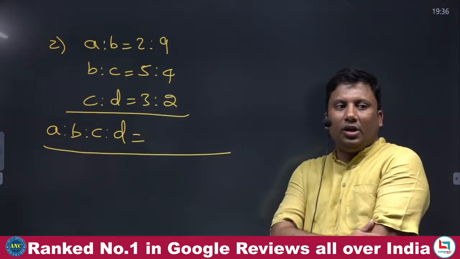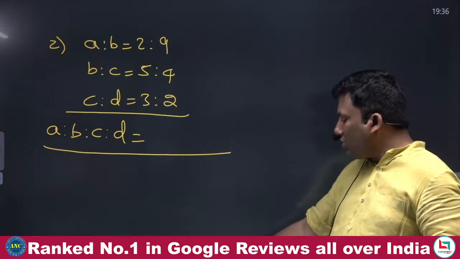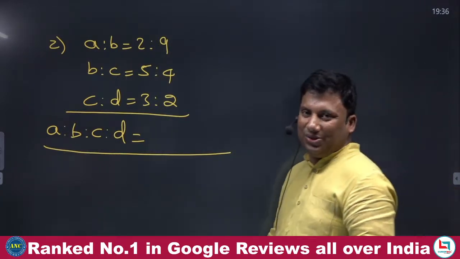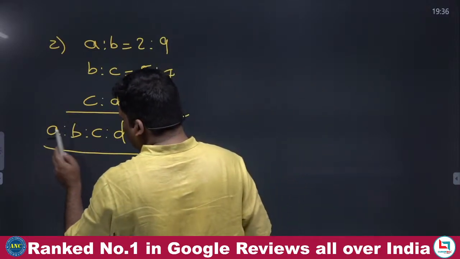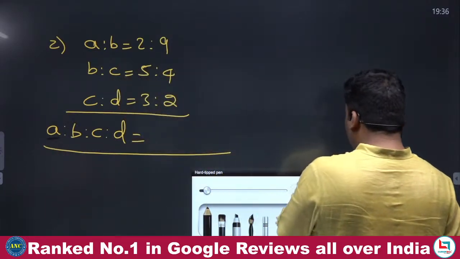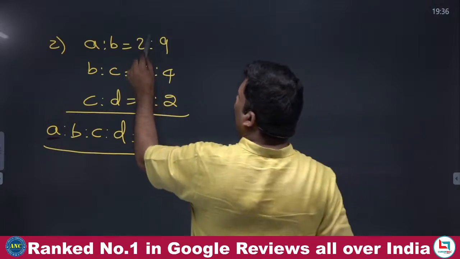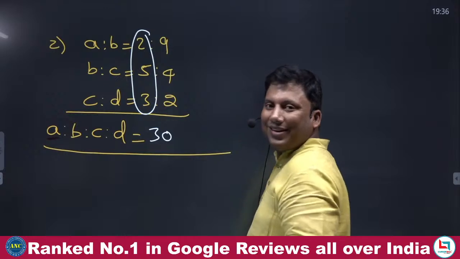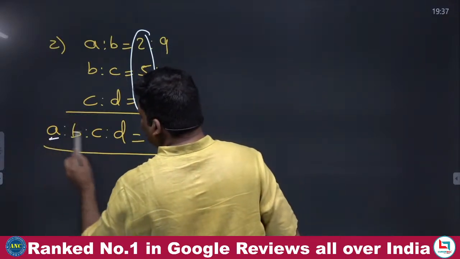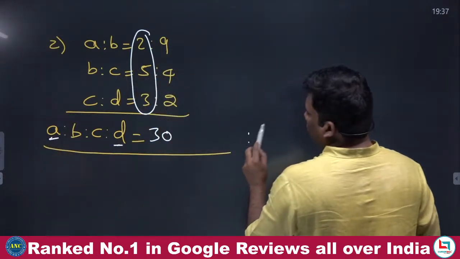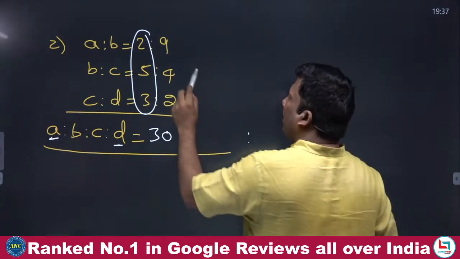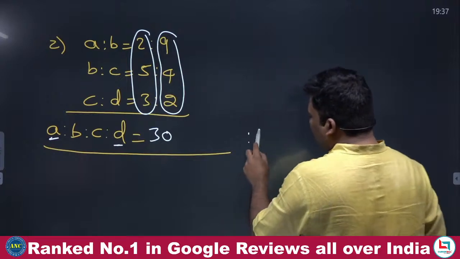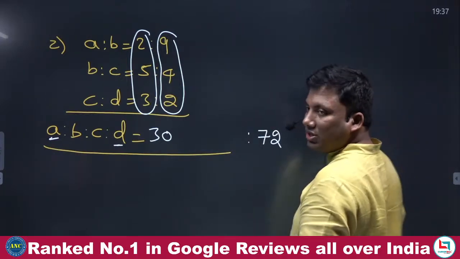To get the first value, A, multiply all the first. 2 5s are 10, 10 3s are 30. A, it is 30. To get the last value, multiply all the last. 9 4s are 36. 36 2s are 72.